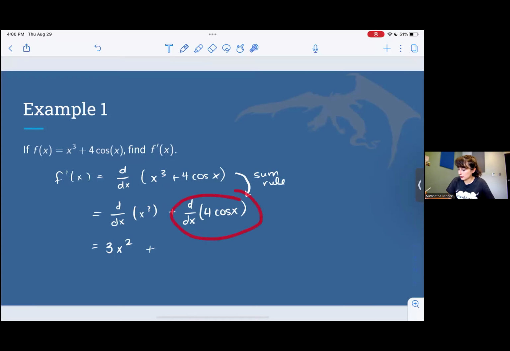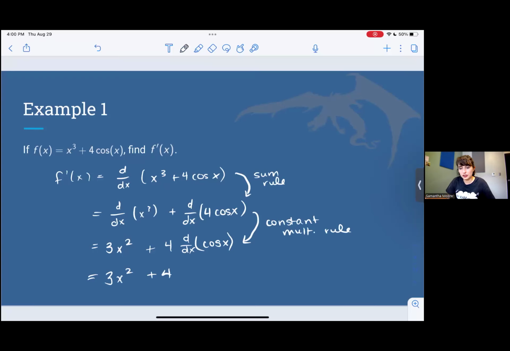Trying to simplify this down, I don't know the derivative of 4 times cosine x yet, but what I do know is the derivative of cosine x. So I'm going to bring that 4 out using the constant multiple rule. Then I'll be looking at a derivative that I know. At the end of the day, I'll get 3x squared plus 4 times the derivative of cosine.